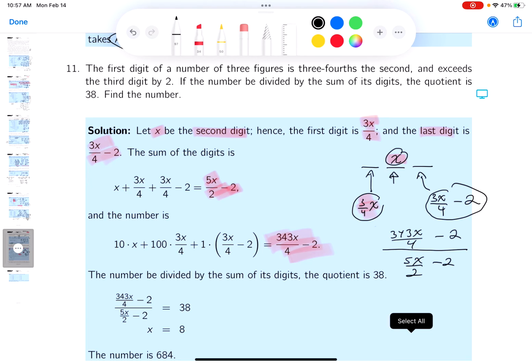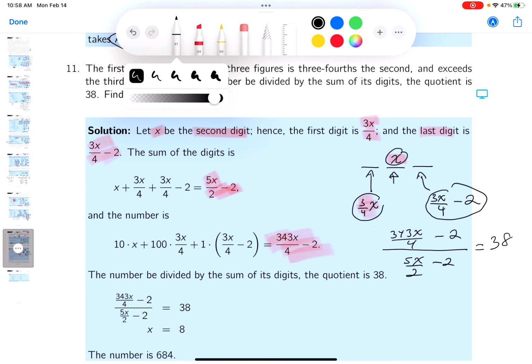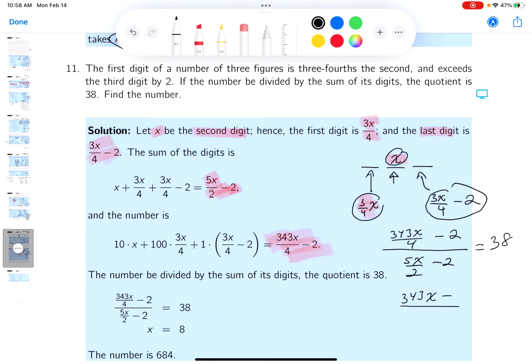Well, to make it simple, before I do that, they say the quotient is 38 when I do that. All right, the quotient's 38. I'm going to multiply top and bottom by 4. And if I do that, I'm going to be careful. 343x minus 8, over 10x, I'm multiplying by 4, by the way, top and bottom, minus 8 equals 38.